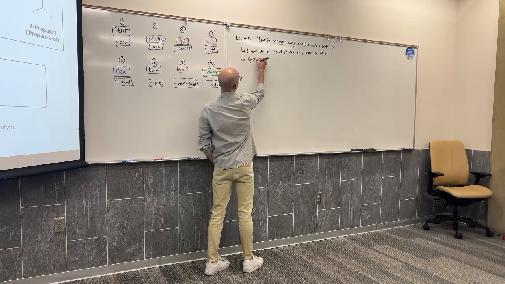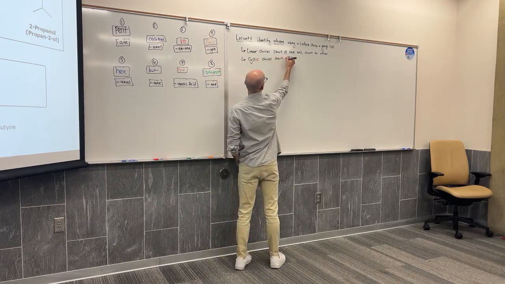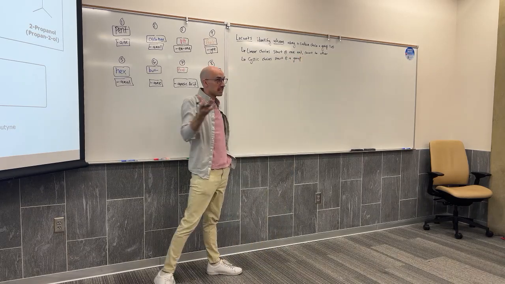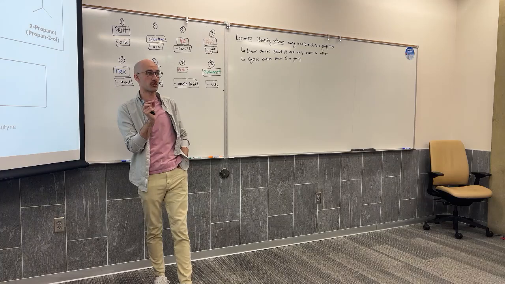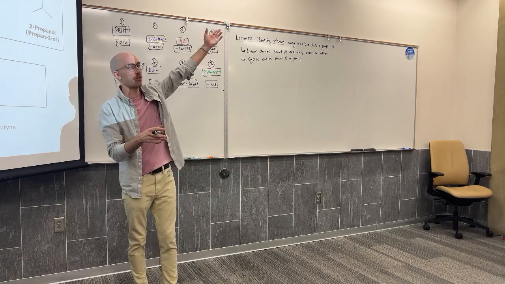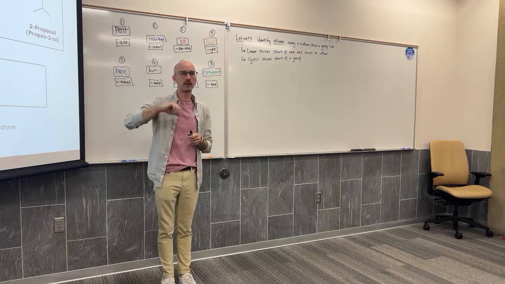Cyclic chains, on the other hand, it's arbitrary where you start, so you're going to start at a group. Maybe you start where a methyl carbon is coming off. Maybe you start where an alcohol is attached.